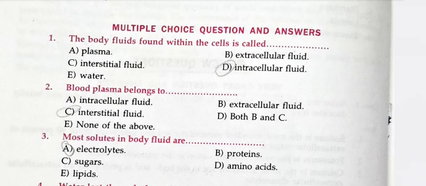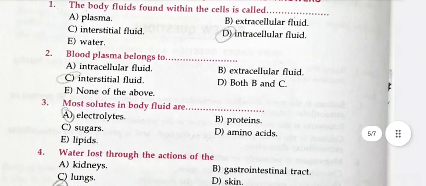So the body fluid, first question: the body fluid found within the cells. This is quite opposite to that, intracellular, not intercellular. Remember that the body fluid found within the cell is called intracellular fluid.